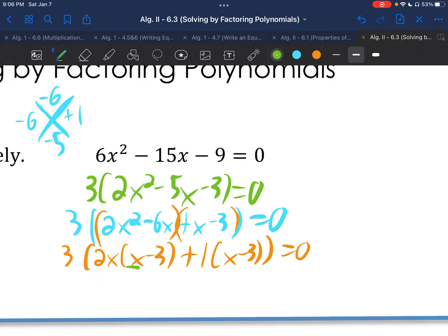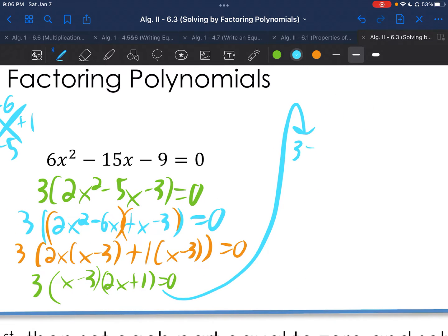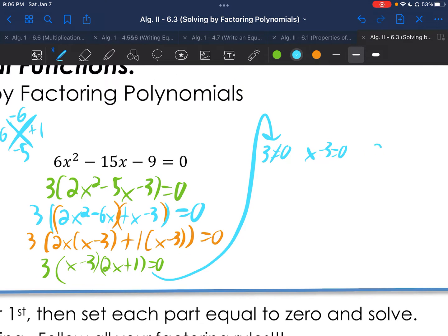Now we say, hey, those are the same parentheses, that's good. Put that in front. Then the other leftovers are 2x plus 1 equal to 0, and we can't forget that 3 out in front. Now as we start to solve, we would say, hey, 3 equals 0, but it can't. x minus 3 equals 0, and 2x plus 1 equals 0.